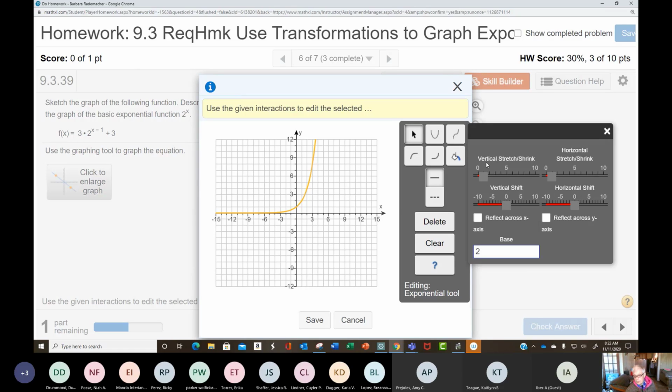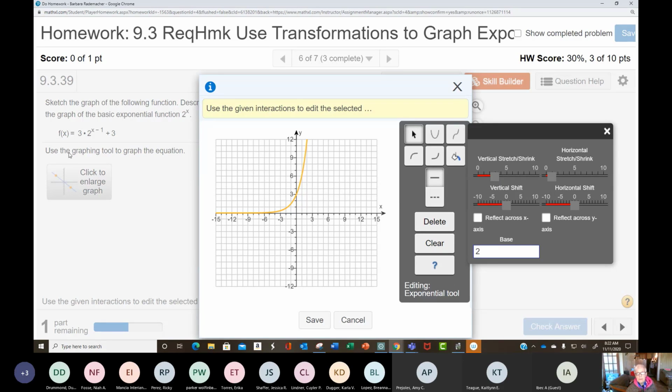So I come over to vertical stretch shrink and I go to +3. Then there is no horizontal shrink, or I'd have a number bigger than 1 in front of the x. There is no horizontal stretch, or I'd have a number smaller than 1 in front of the x.